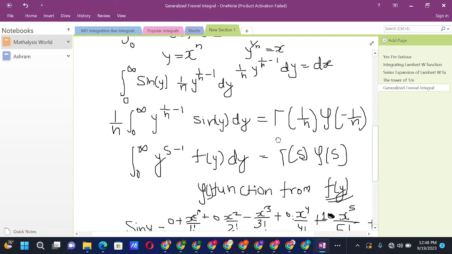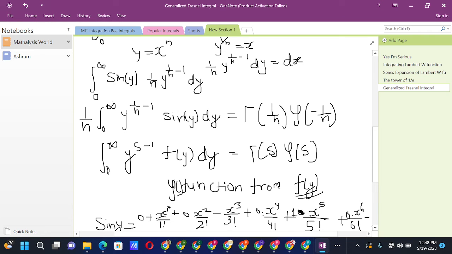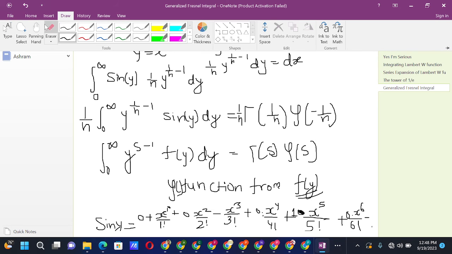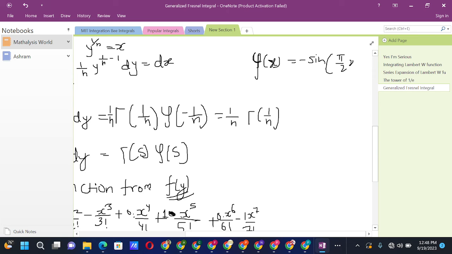I have missed something. For this integral we also have 1 by n in the beginning, so we'll also have 1 by n over here. And after this we have phi of 1 by n, gamma of 1 by n, and we have this phi function now. Phi of x was actually minus sine of pi by 2 x.